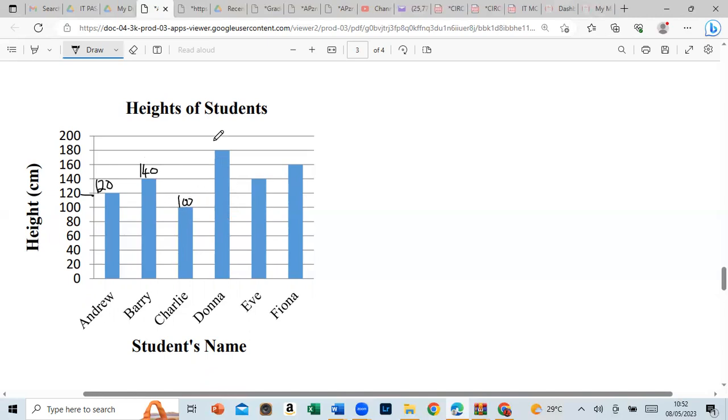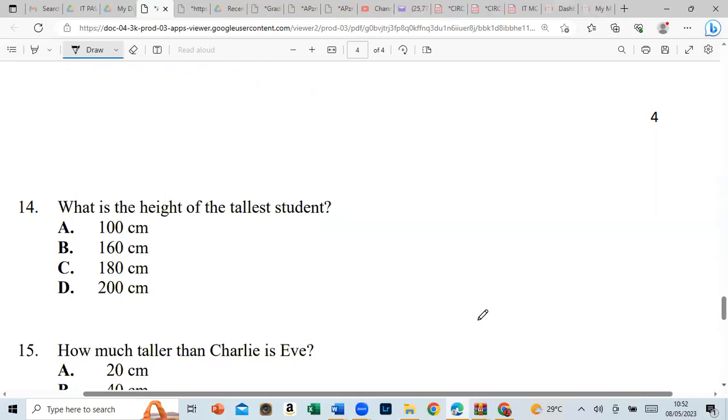And then this one is 180, which is Dana. Pick up yourself, Dana. And right here, this one is 140. So both of them have the same height, Dana and Barry. And Fiona comes in basically second with 160. So the height of the tallest person is 180 centimeters, which is Dana. So big up yourself, Dana.